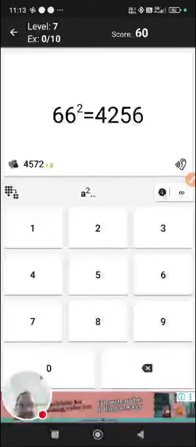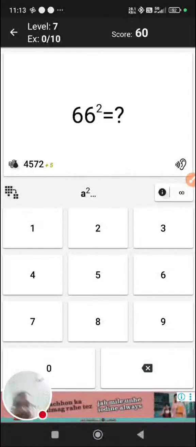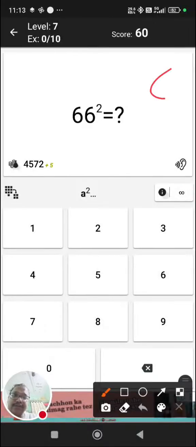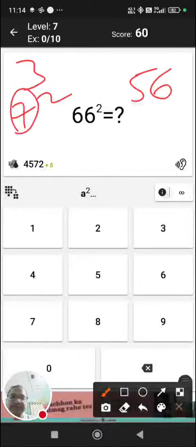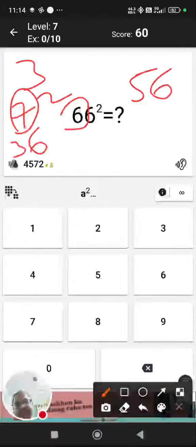4256. Wait a second, what problem is happening? I know 6 square 36. 6 2 times 12 6 times 72. This will be 5. We left with the 7. 6 square 36 plus 6, which will be 43.